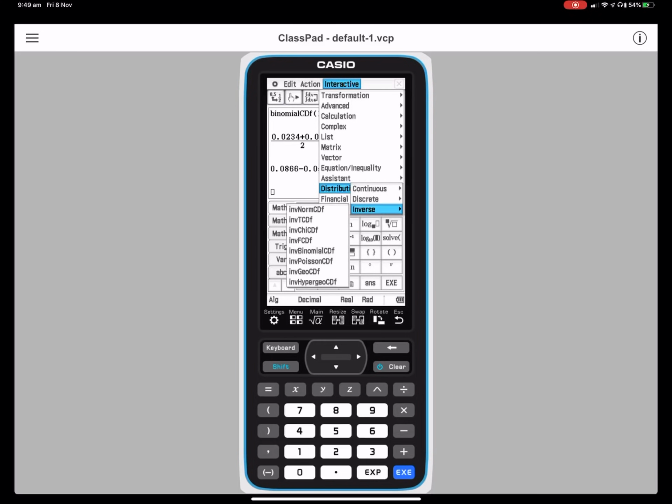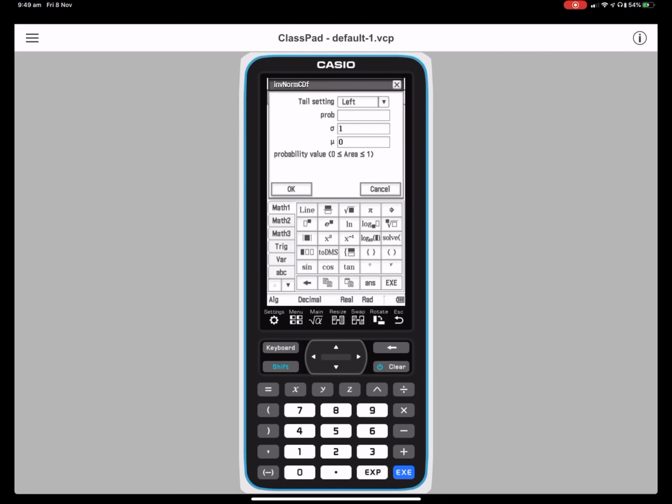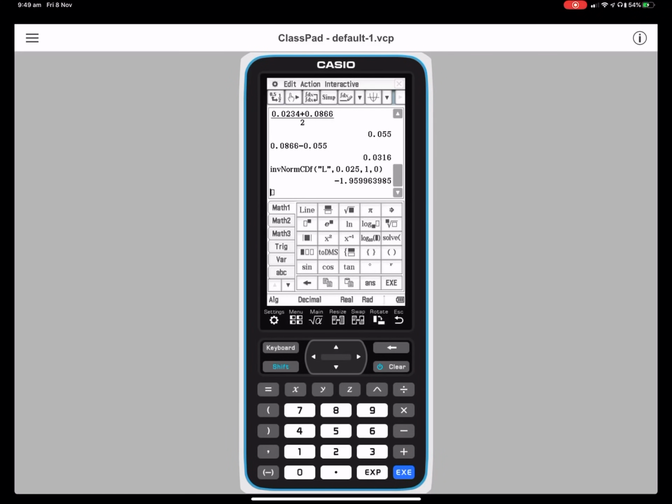Okay, so let's first do inverse norm, and we'll say 0.2025. So that's our value. We just want this times the square root of 0.055 times 1 minus 0.055 on x is equal to this.